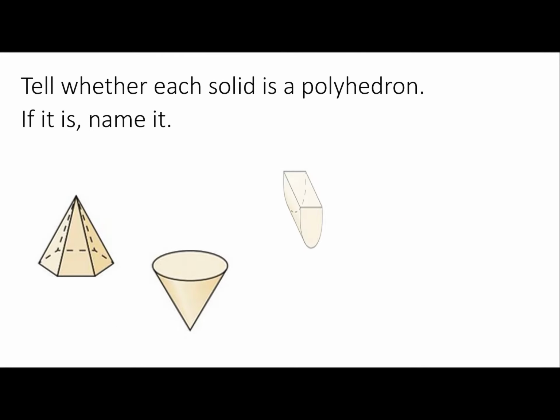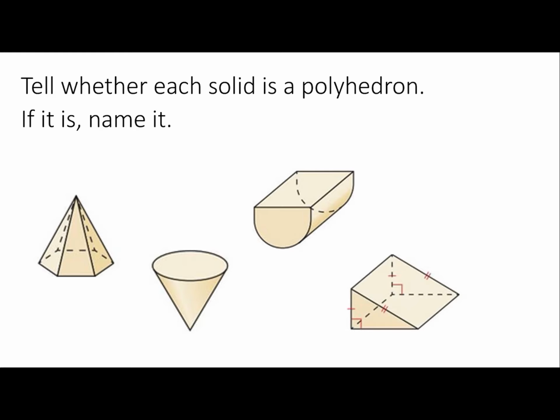So we want to decide whether each of these solids is a polyhedron or not, and if it is, name it. So first check, are all the faces, including the base, polygons? All right, this one is yes, it is a polyhedron because it has only polygons for faces and bases. So we need to name it. First of all, we can ask ourselves, is it going straight up and down?